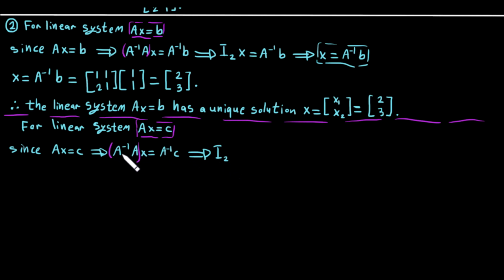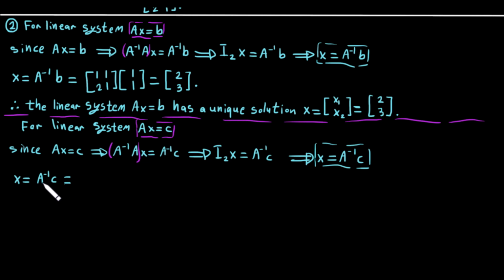As we know, A is 2 by 2, so here identity multiplied by X equals A inverse multiplied by C. And we know any matrix multiplied by identity remains the same. So here it will be X equals A inverse multiplied by C. So this is the answer.